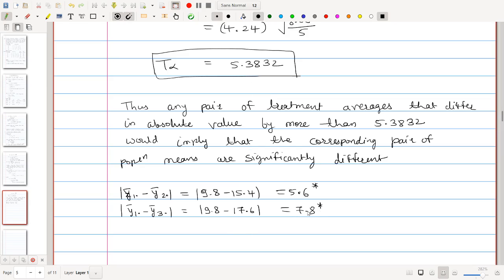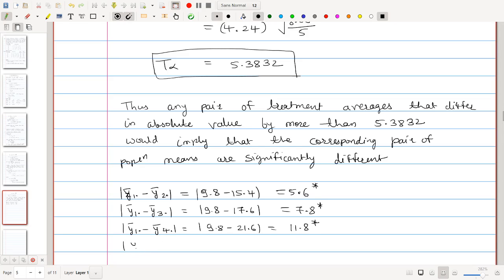In our case, star values indicate the corresponding pair of means are significantly different. Similarly, take y bar 1 dot minus y bar 4 dot. Now y bar 1 dot is 9.8 and y bar 4 dot is 21.6. This difference is 11.8. This is also greater than 5.3832, so that's why I have given a star.